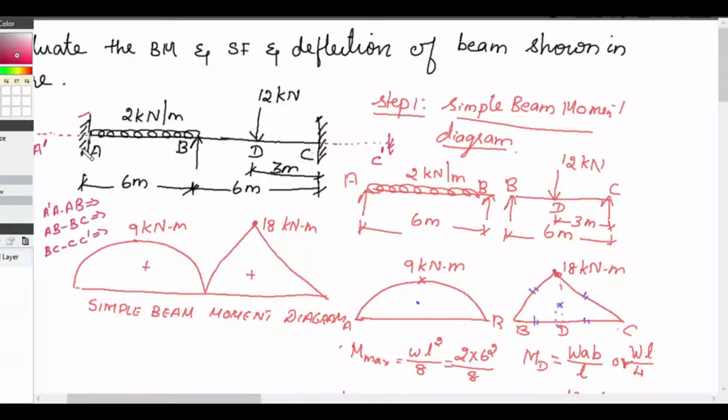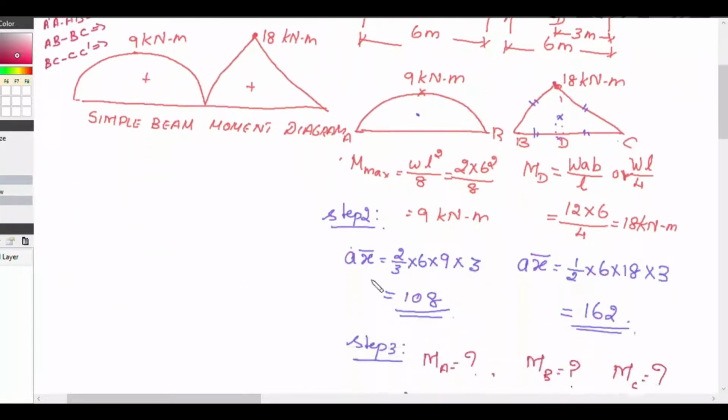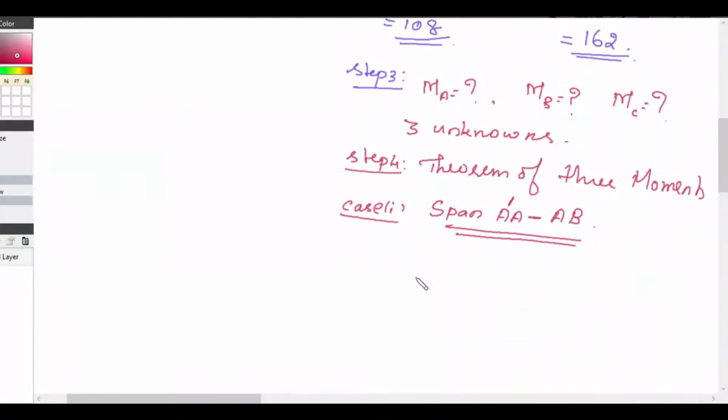So A dash A is an imaginary span. AB is a 6 meter span with 2 kilonewton per meter loading. So A dash A is an imaginary span, L naught is equal to 0.